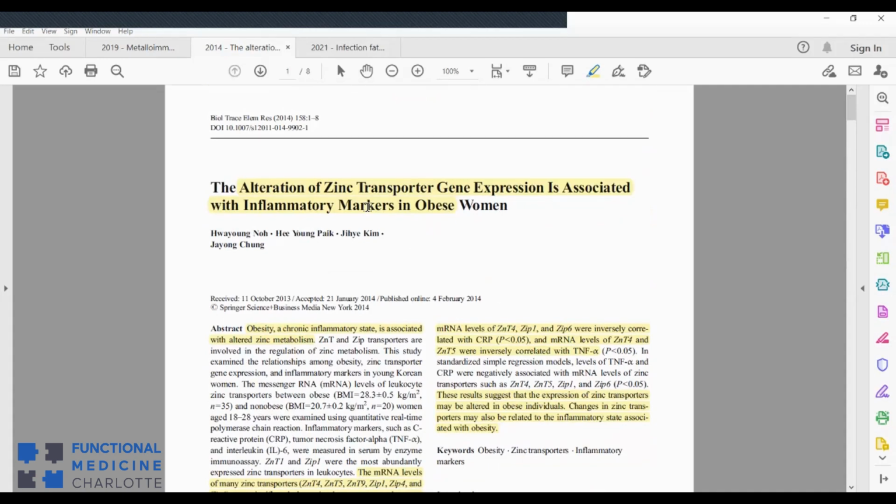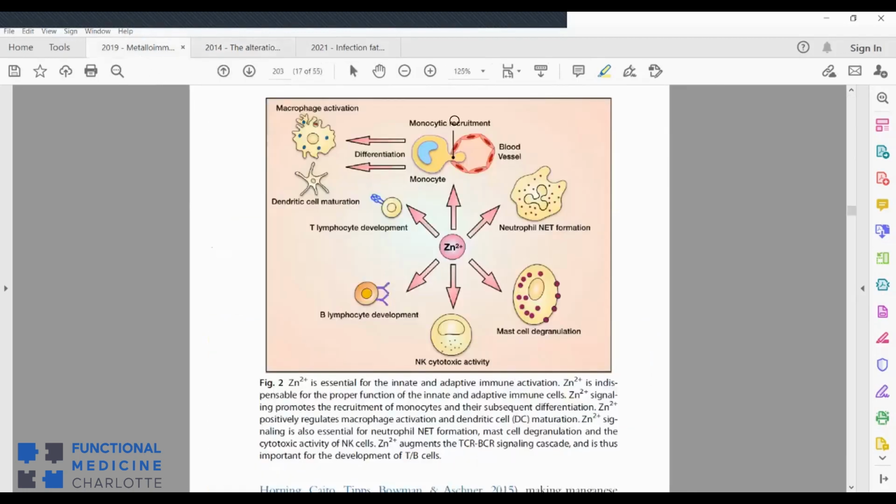Obesity and inflammation decrease availability of zinc for the body, which if you're lacking zinc, your immune system will not function optimally. And if you're trying to fight a virus or a bacterial infection or clean up a wound or whatever it is, having insufficient zinc is not going to allow you to respond properly. So if someone tells you nutrition doesn't matter and nutrients don't matter, there's nothing you can do to improve your immune system, they're just not reading science.